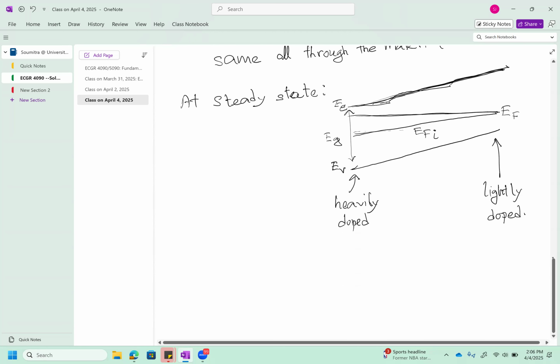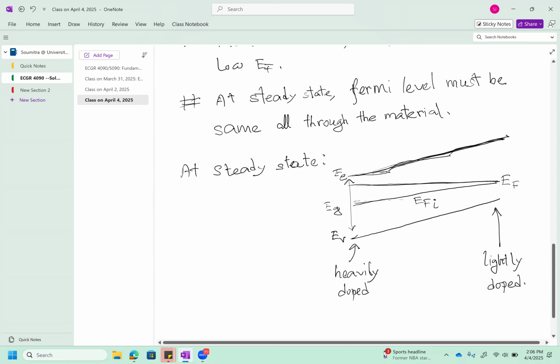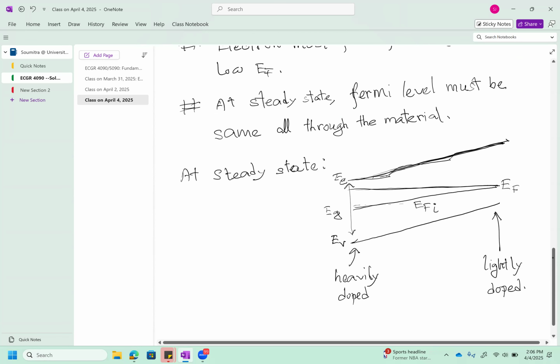So if I have an electric field that goes like this from left to right, it will try to take an electron. Let's say if an electron is here, then because of this electric field, an electron will try to move downward.